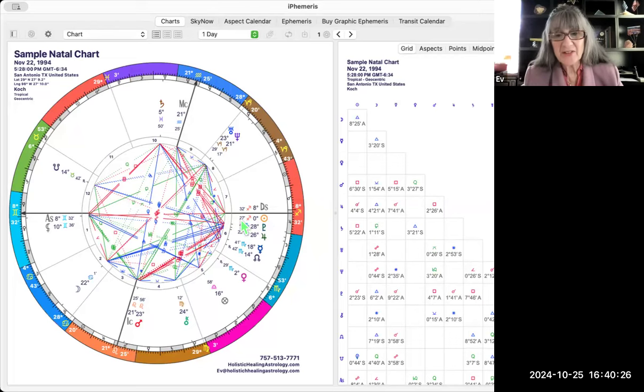We could skip the minutes, all right? The moon is 22 degrees Cancer, right? And the ascendant is 8 degrees Gemini, okay? If you don't know your time of birth, doesn't matter, then you really don't know the ascendant. We just ignore it, okay?